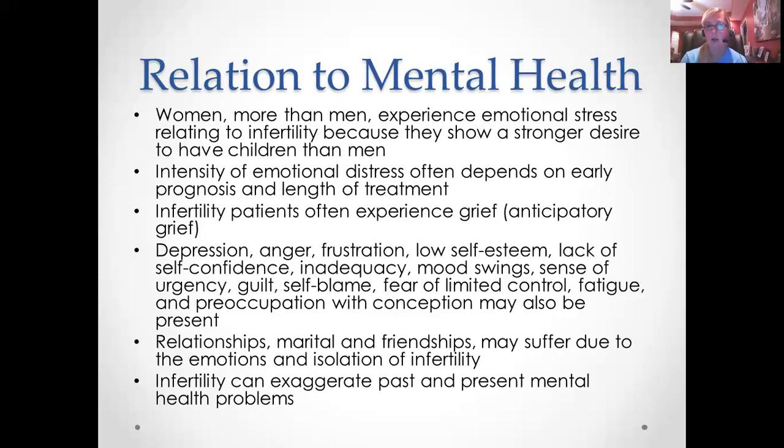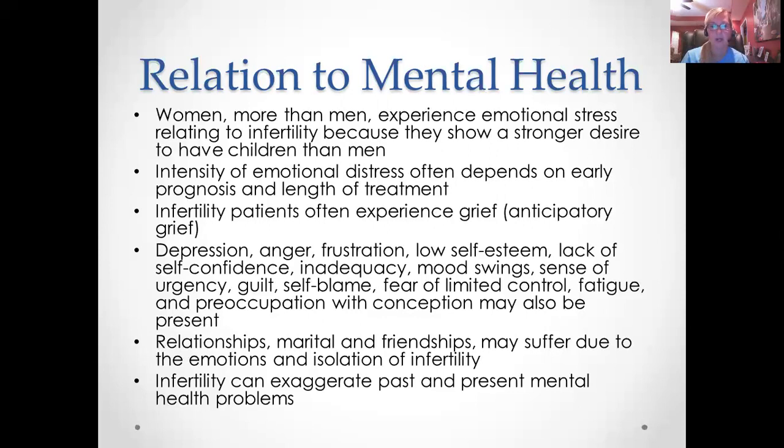So I felt like my emotional distress was not super intense. On a scale of 1 to 5, I'd probably put it at about a 5 while we struggled through that. But we had an early prognosis, and our treatment was within a year. So every month that went on, I felt like that increased a little bit.